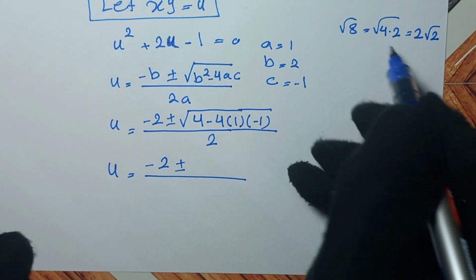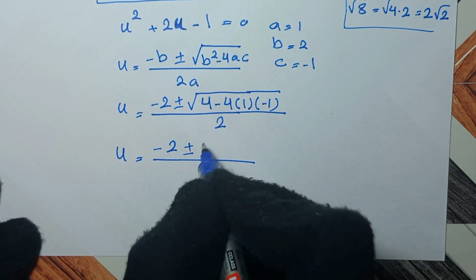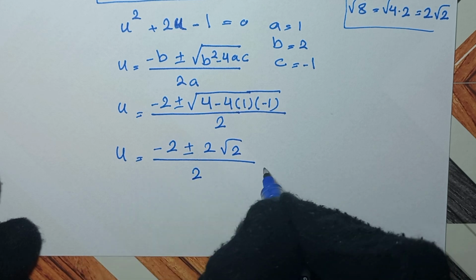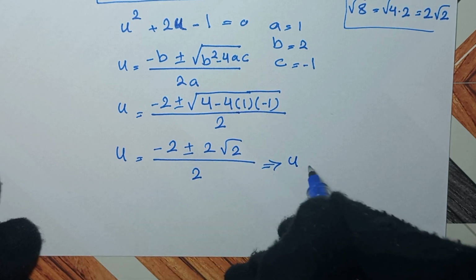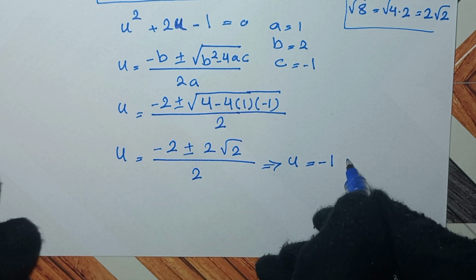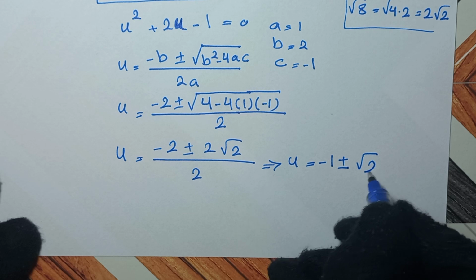So here the square root of 8 will be 2 square root of 2 over 2, and from here u is equal to negative 2 over 2, which is negative 1, plus or minus 2 square root of 2 over 2, which will be square root of 2.